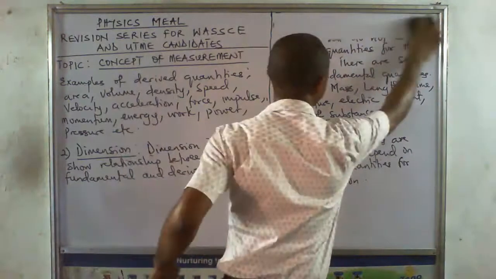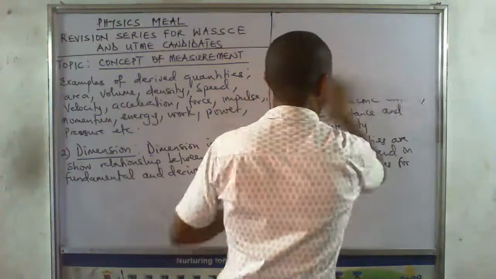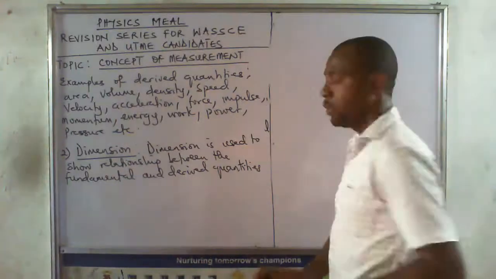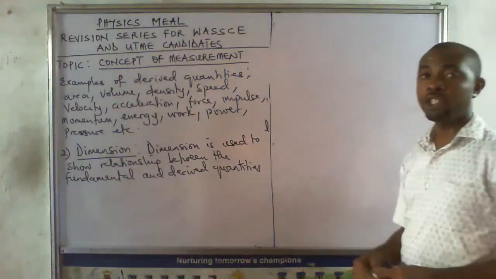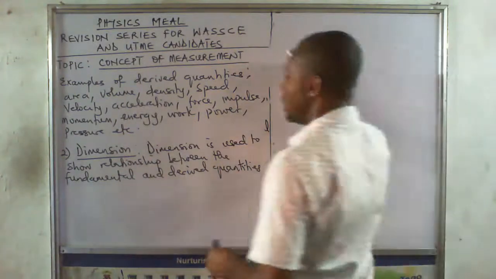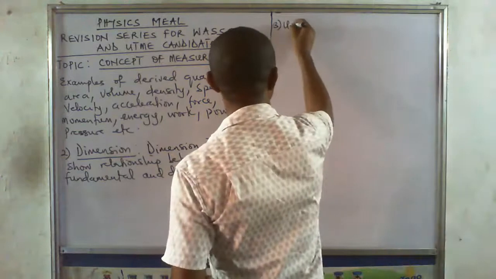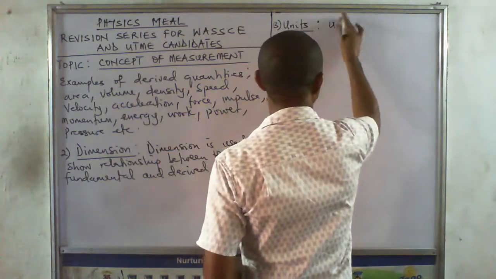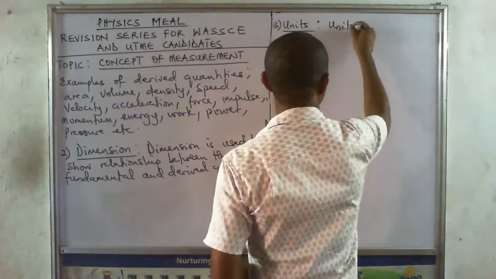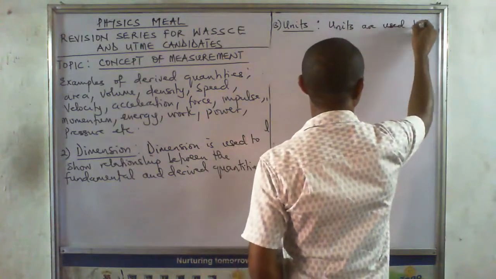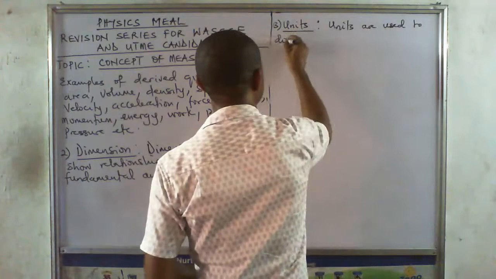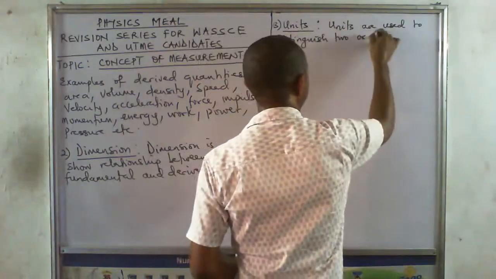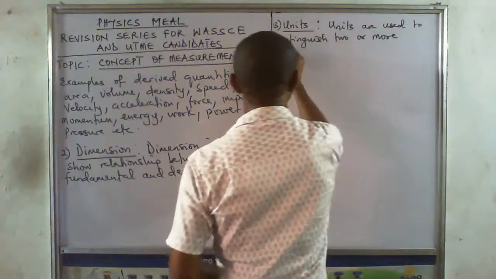So quickly, let's define units, before we look at the units and dimension of fundamental quantities. Units are used to distinguish two or more quantities.